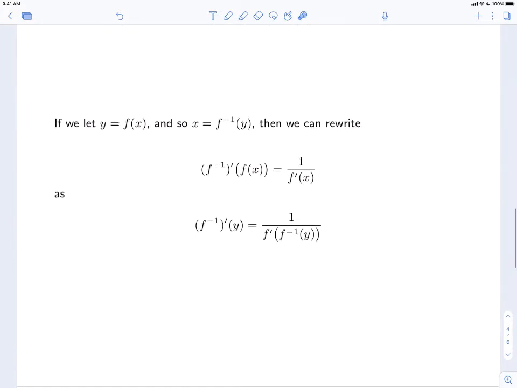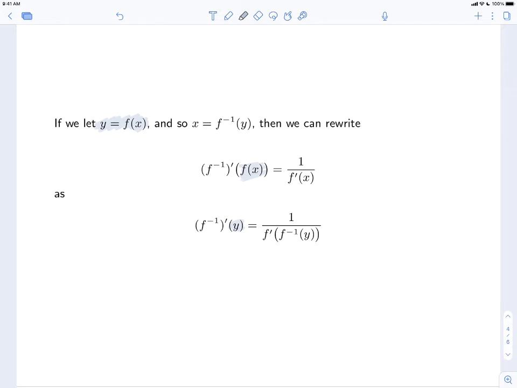This isn't usually the way that we write it, so if we let y equals f at x, and therefore x is equal to f inverse of y, then we can rewrite this statement by taking this f at x and replacing it with y. So this f at x is the same as y, because y is equal to f at x.